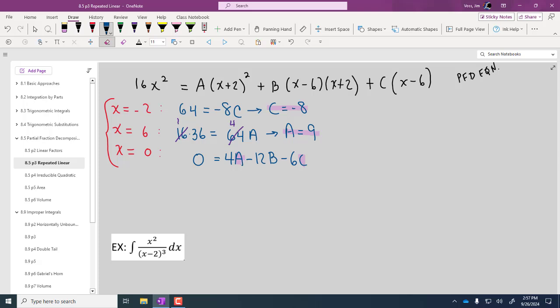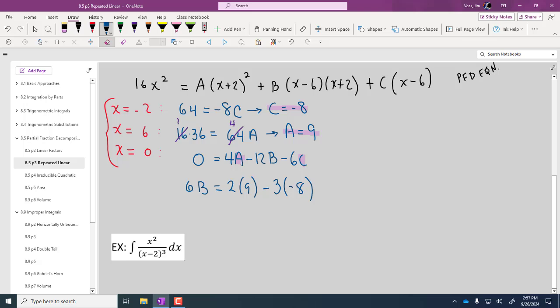So, I'm going to divide by 2 and move the B's to the left. So on the right, I've divided by 2, so there's 2a. We came up here, a is 9. Minus, I divided by 2, so this is now a negative 3, times c, and c is negative 8.